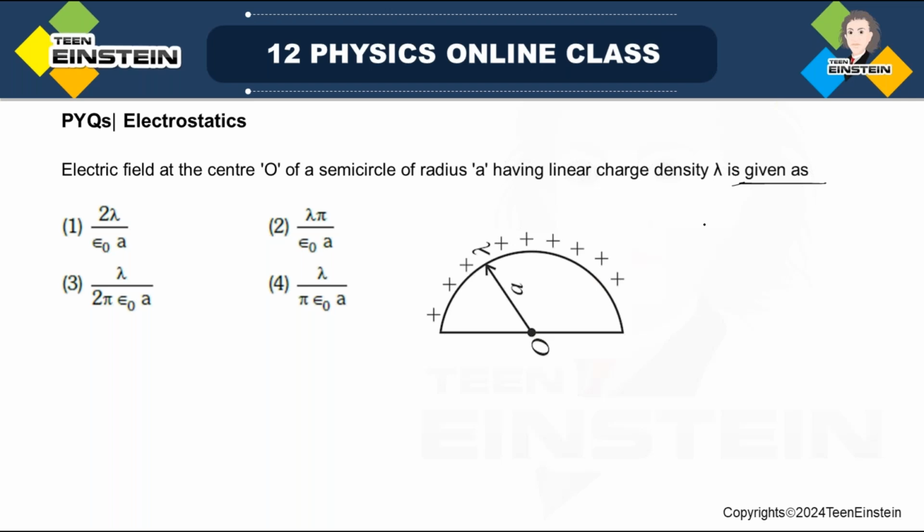So find the electric field at the center of a semicircle of radius a having linear charge density lambda. So charge density is given. For any kind of arc in general, let me write it here.